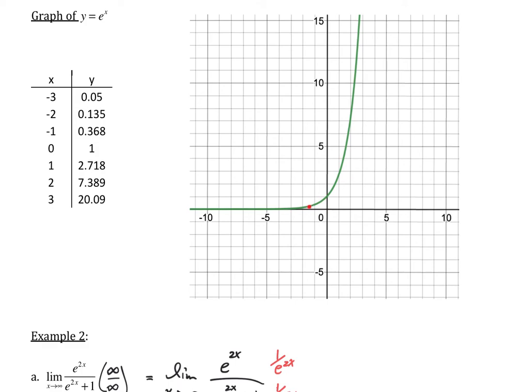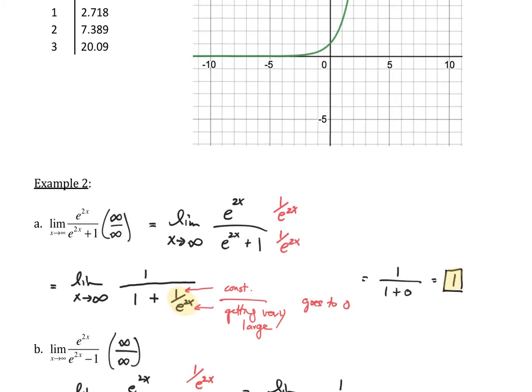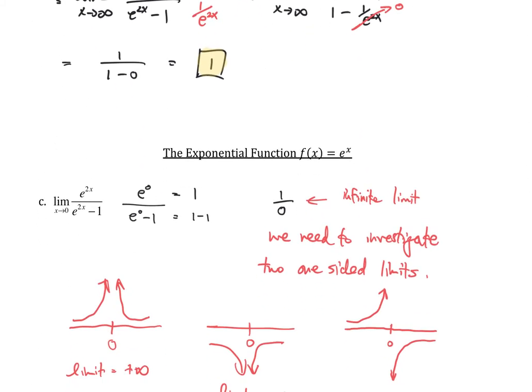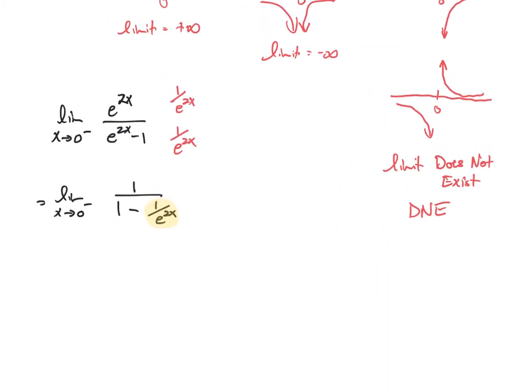And this is going to be the same even if we replace the e to the x with e to the 2x. That graph is still going to, when you're coming from the left of 0, you're still getting numbers that are less than 1. So really, the type of thing that we're getting here, this part here is something like 1 over 0.999.